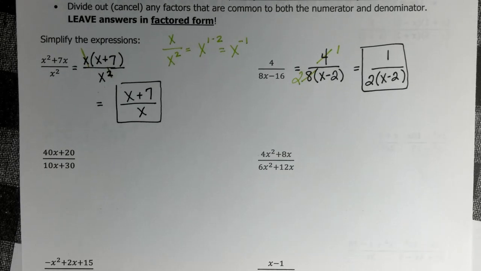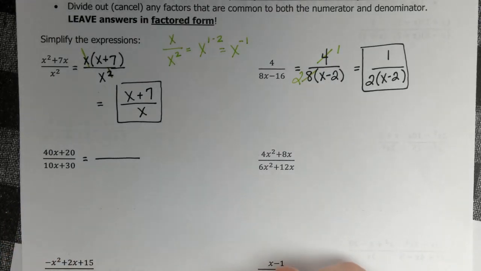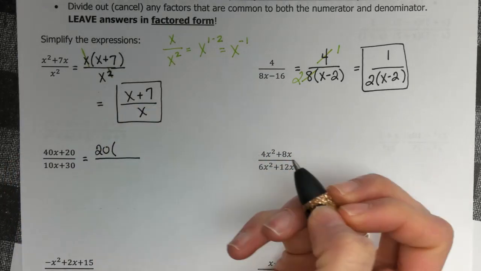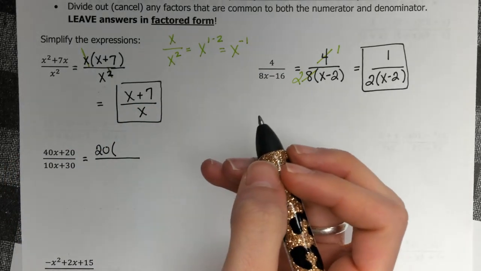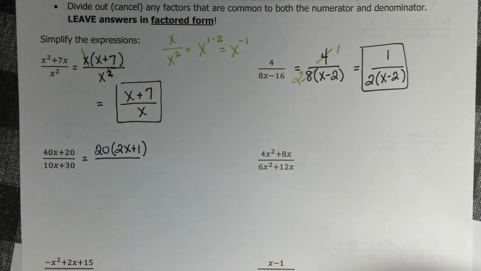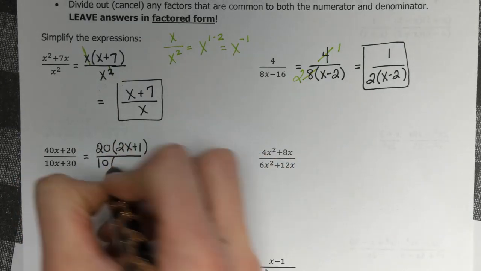So now I have 40x plus 20 over 10x plus 30. What can I factor out in my numerator? A 20. And that leaves me with what? 2x plus 1. And then my denominator, I can take out 10.